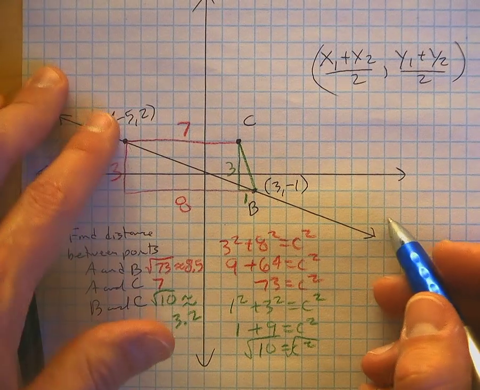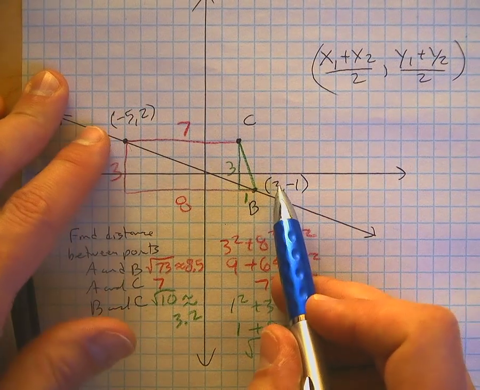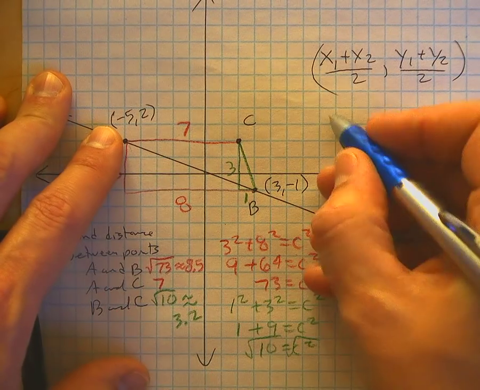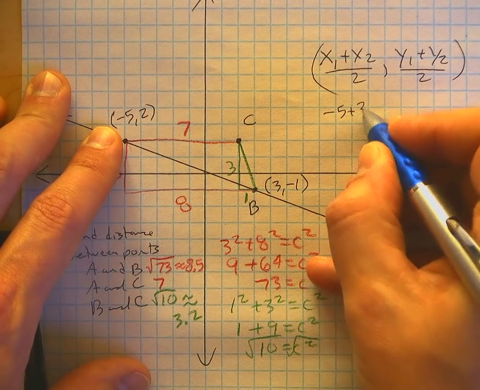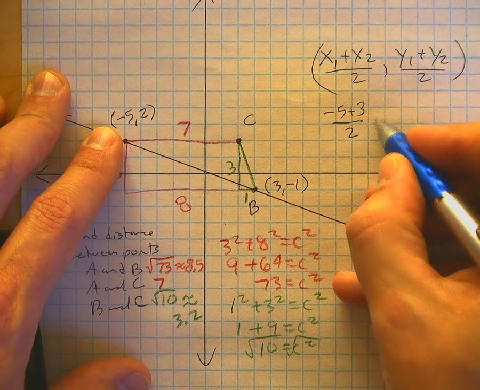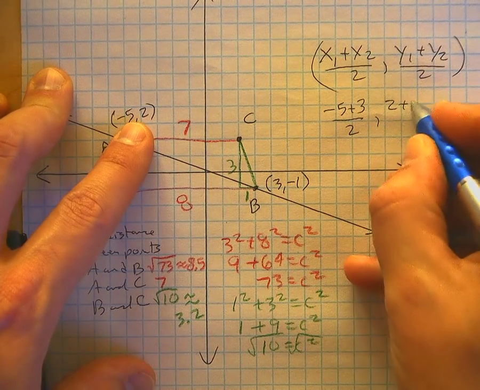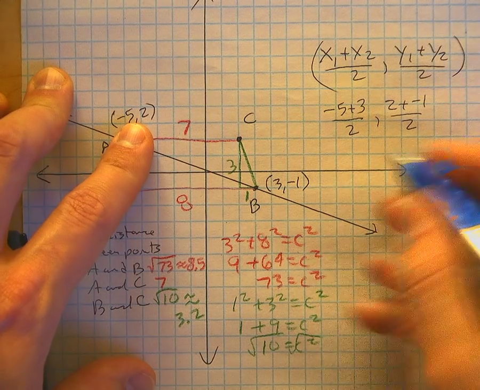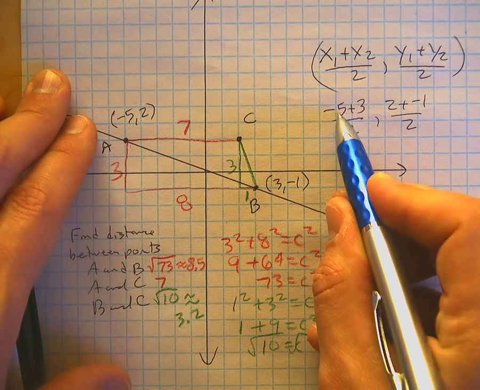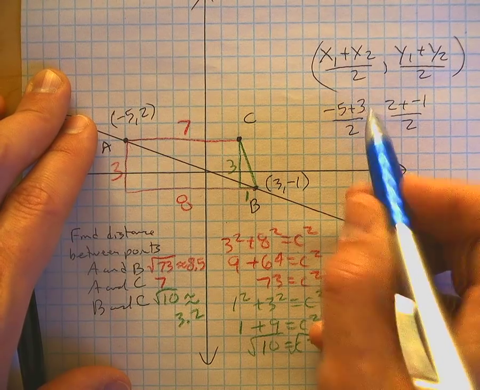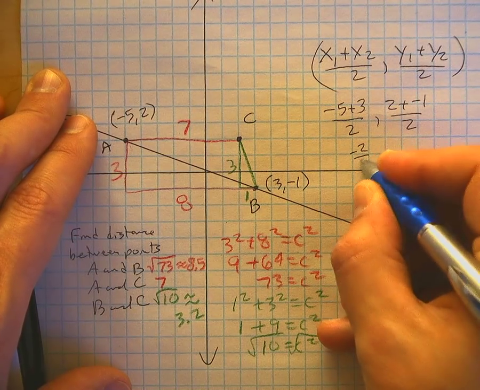So first, to get the midpoint of AB, I take negative 5 plus 3 divided by 2. And then I take 2 plus negative 1 divided by 2. I do this first: negative 5 plus 3 is negative 2 over 2.